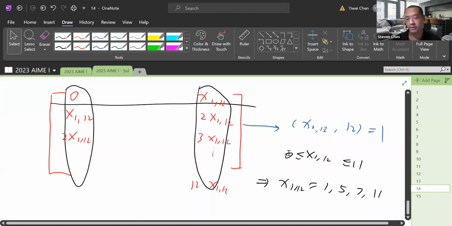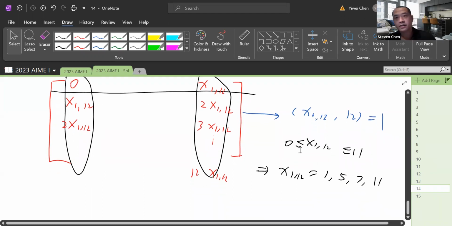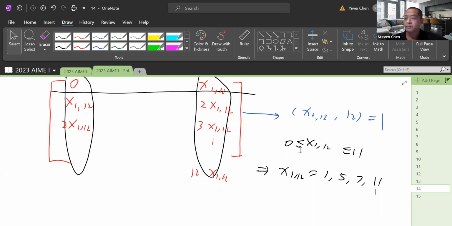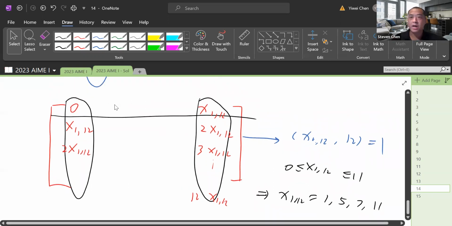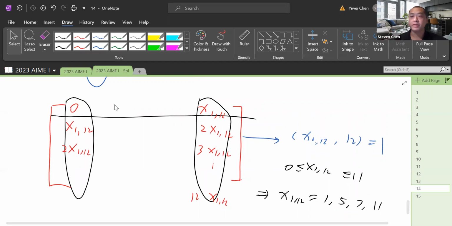Okay, very good. So the next thing we need to do in our counting is to look at the synchronized movements from each column to its right neighboring column. Here, from the leftmost column to the rightmost column, we have to make 11 such column movements. And for every movement, its value is either increased by 1 or 0.